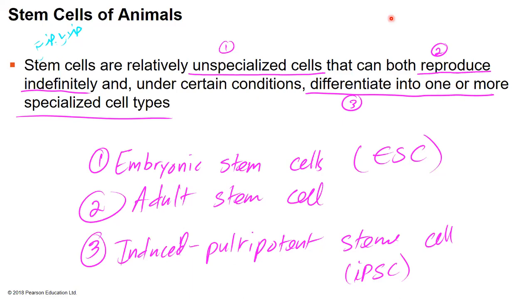Assalamu alaikum, everyone. In the previous lecture, we started discussing the different types of stem cells. Based on their origin, stem cells could be embryonic stem cells or adult stem cells. Embryonic stem cells are taken from embryos.